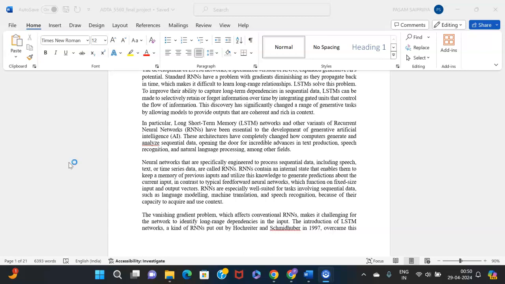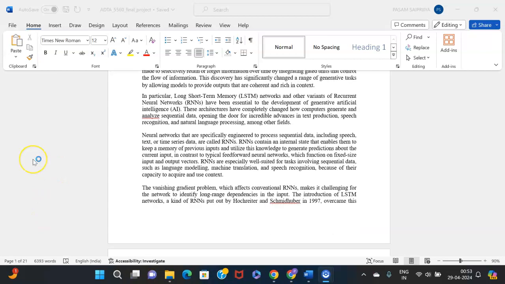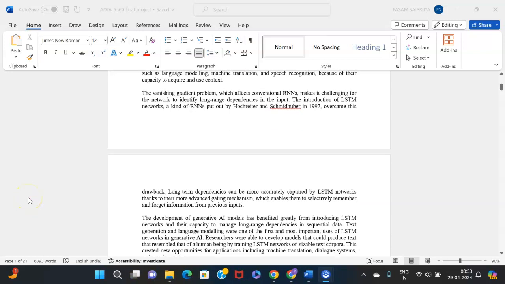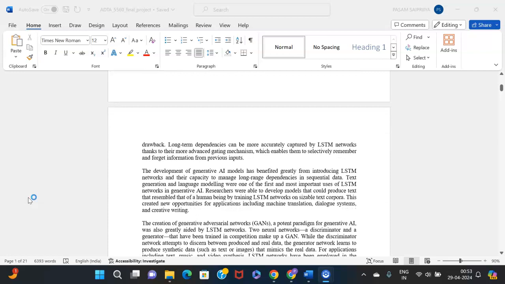The introduction of LSTM network, a kind of RNN put out by Hochreiter and Schmidhuber in 1997, overcame this drawback. Long-term dependencies can be more accurately captured by LSTM networks thanks to their more advanced gating mechanism, which enables them to selectively remember and forget information from previous inputs.